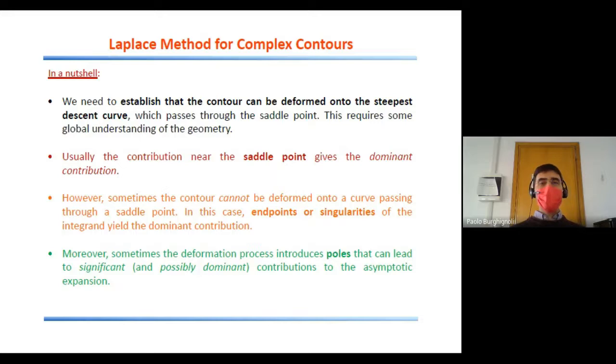And sometimes this deformation process will introduce poles by means of the residue theorem, which may be significant. That is, they may furnish some non-negligible contribution to the evaluation. Sometimes it may even be the dominant contribution. So we need to understand what's happening in terms of the singularities of all the involved functions.